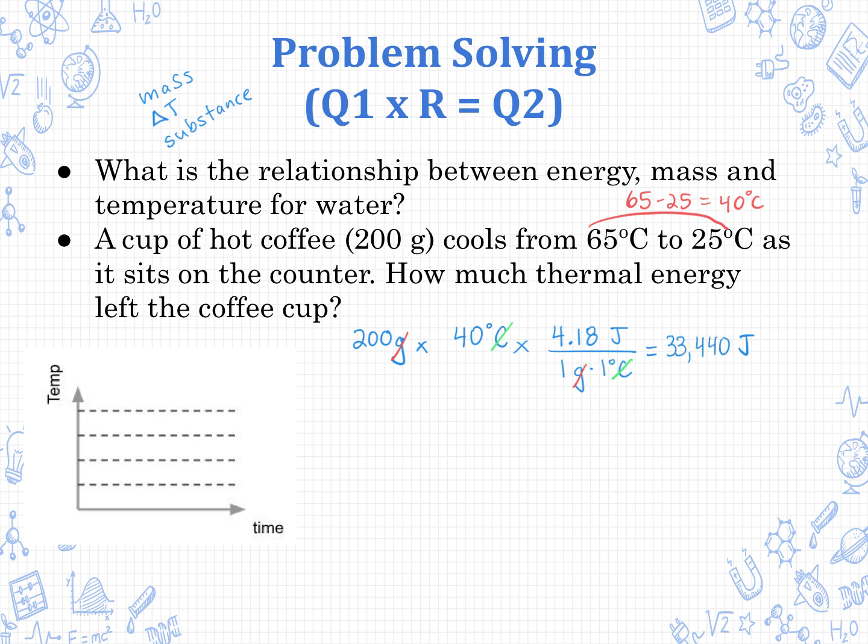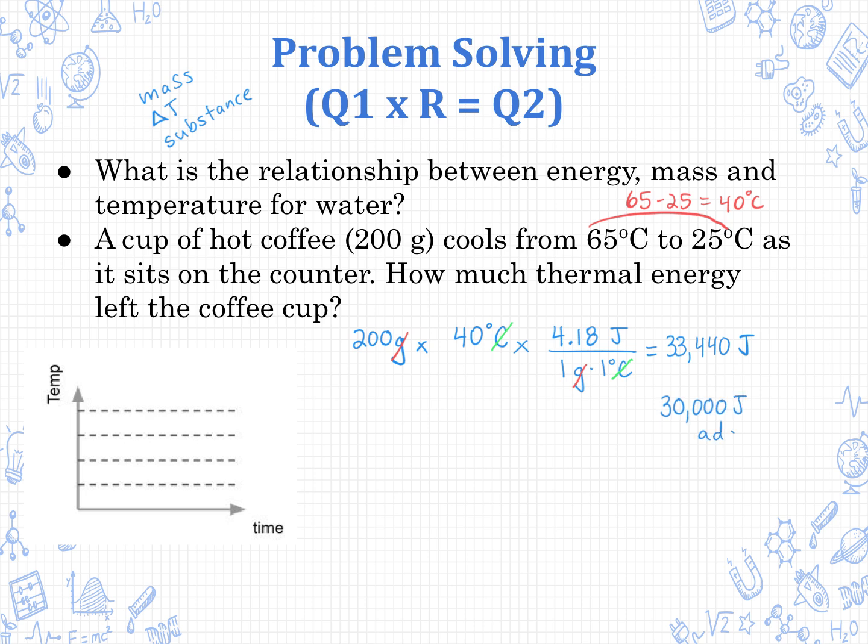I got 33,440 joules. If I go back and check sig figs, the way I have 200 written actually only has 1 sig fig. And the way I have my temperatures written, those each have 2 significant figures. So if I round this answer to just 1 significant figure, it would be 30,000 joules.